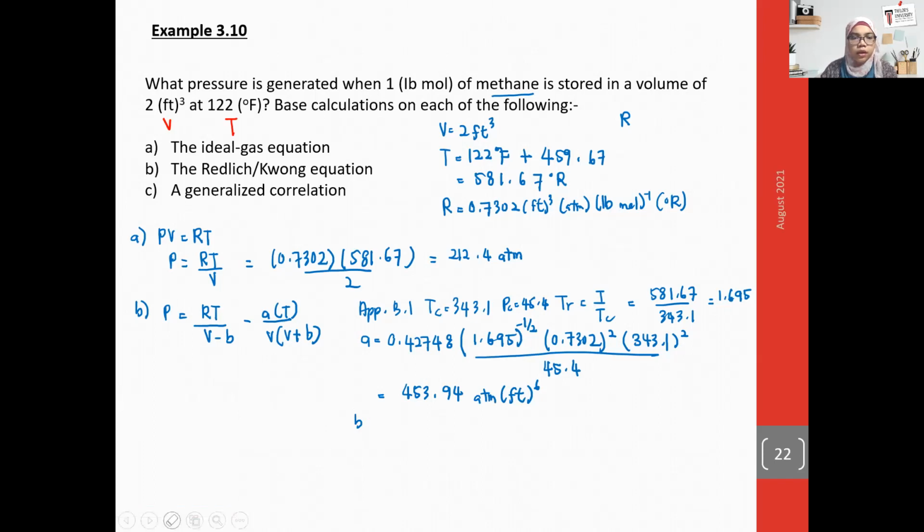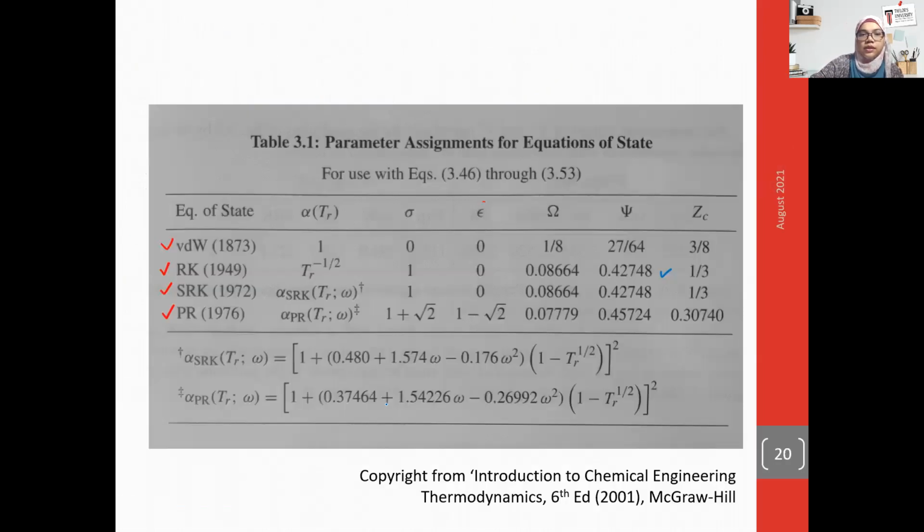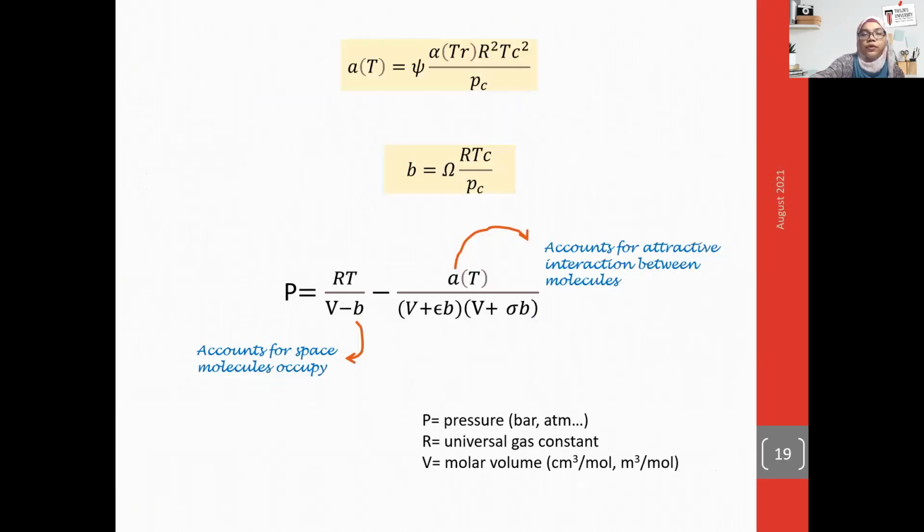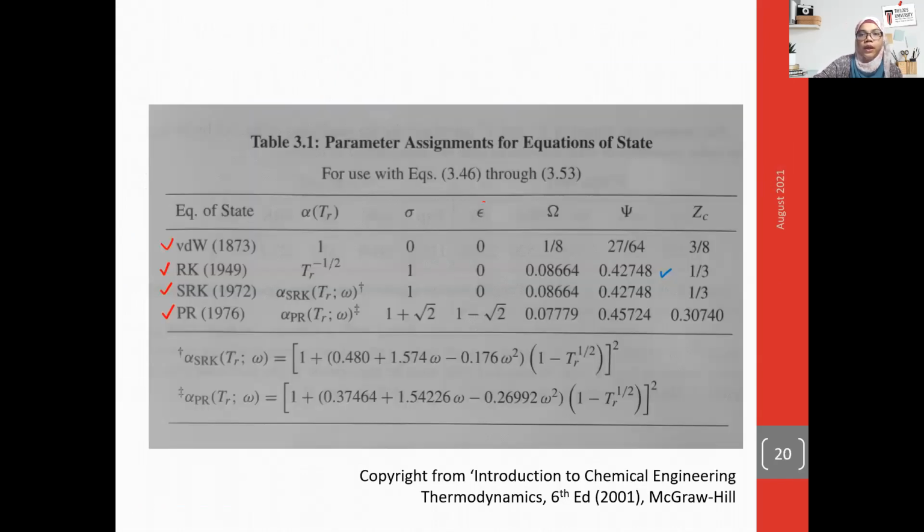B here, the constant for B. You may refer to this one. I still need to go back here. This is the general equation to find B, and for RK you may use this value.